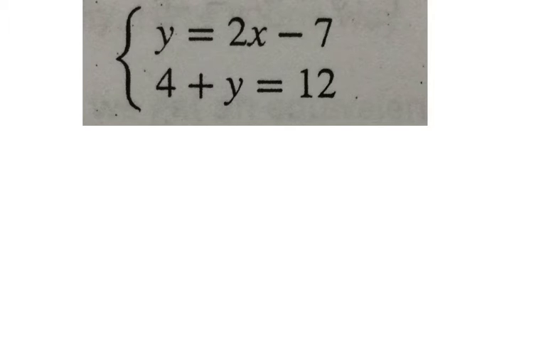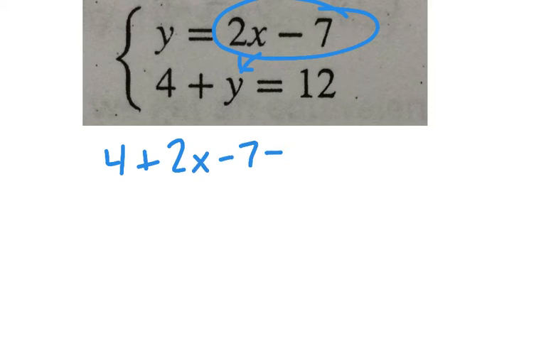Okay, so if you did that, no, I'm going to do it so I can record it. You plug 2x minus 7 in for y. So that would give me 4 plus 2x minus 7 equals 12. Then you could combine negative 7 and 4 is negative 3.